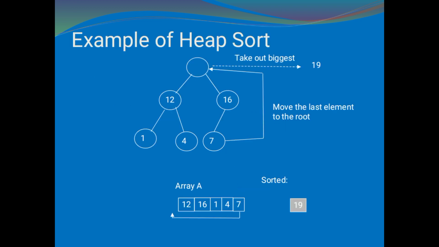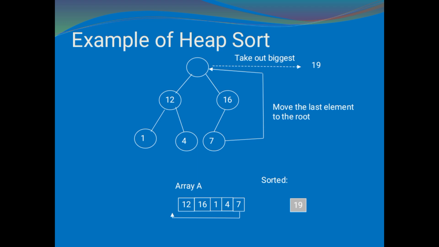The heap sort technique is nothing but swapping the last element with the first element. What is my last element here? 7. What is my first element in the tree? 19. Swap 19 with 7. Then 7 goes to the first position and 19 comes to the last position.